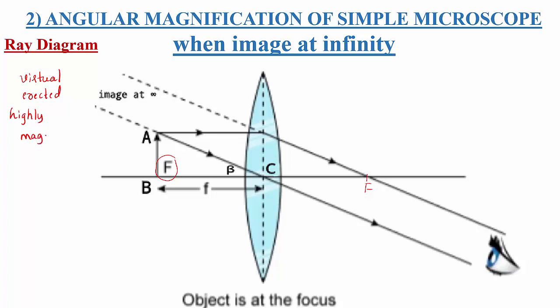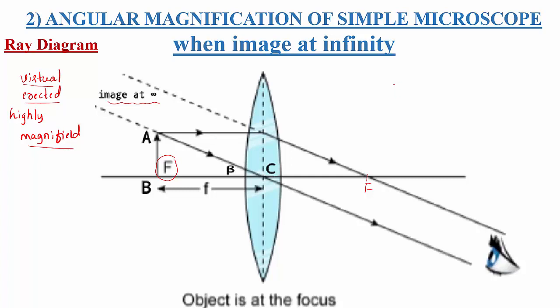Highly magnified means we will get more enlargement of the small or tiny object AB. So how is the image here? The image is virtual, erect and highly magnified, and this image is formed at infinity because the object is kept at the principal focus. So this is all about the ray diagram.